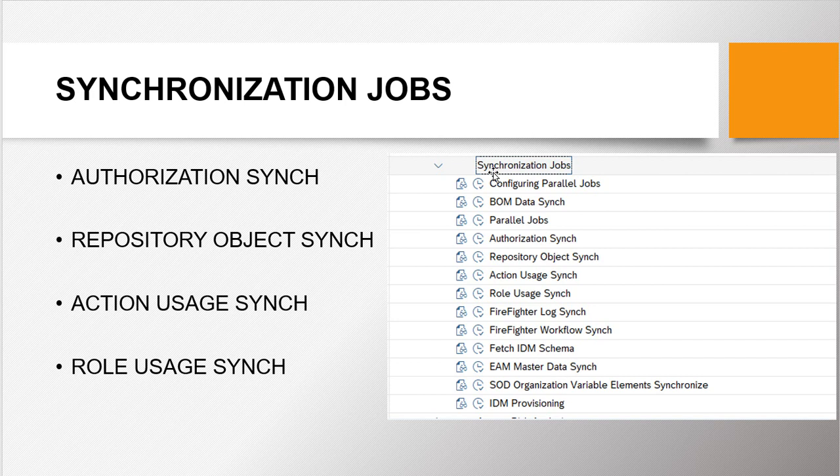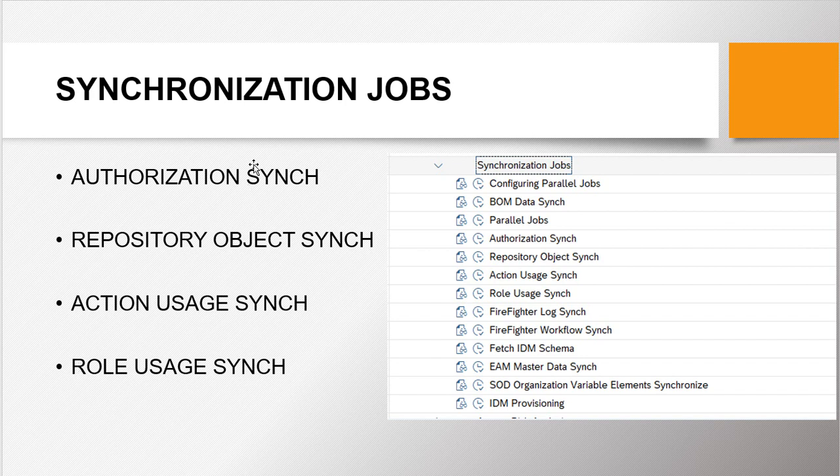They're all under the synchronization jobs node: the authorization data repository, which is object sync, which basically syncs up your backend systems' user IDs, roles, and profiles with your GRC system, and action usages, the transaction codes and roles being used in the backend systems.